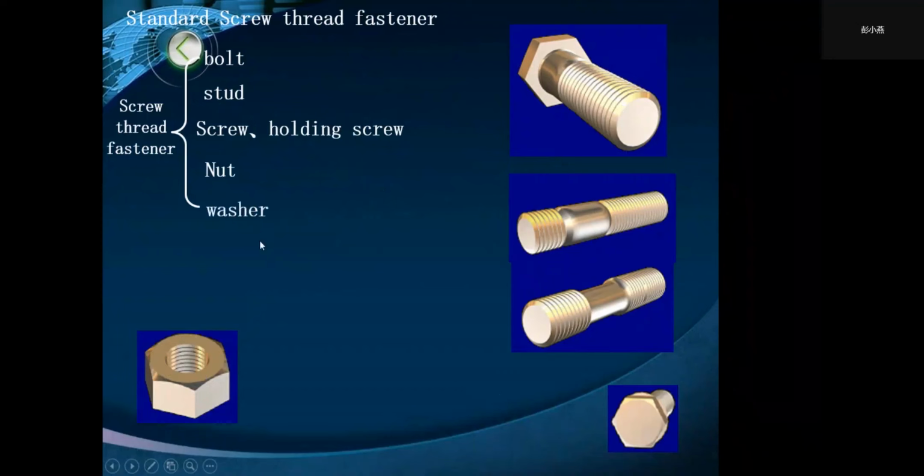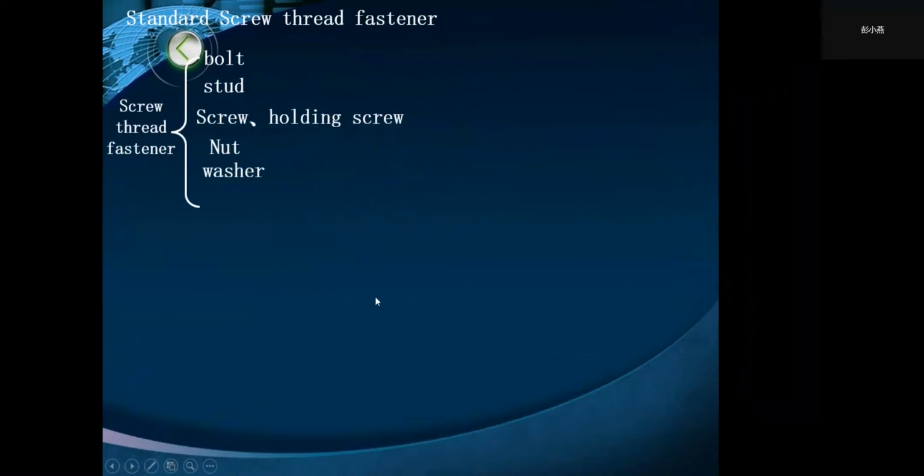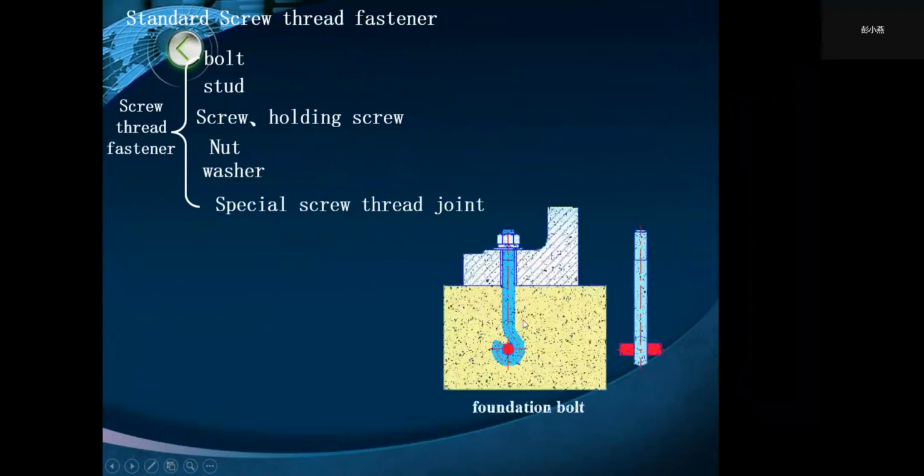A washer is placed under a nut or the head of a bolt to transmit or distribute evenly the force exerted on the connected parts or to lock them. There are also special screw threaded joints like foundation bolt.